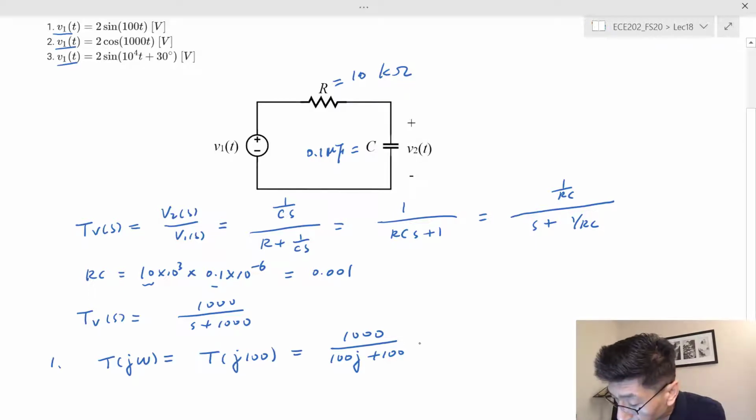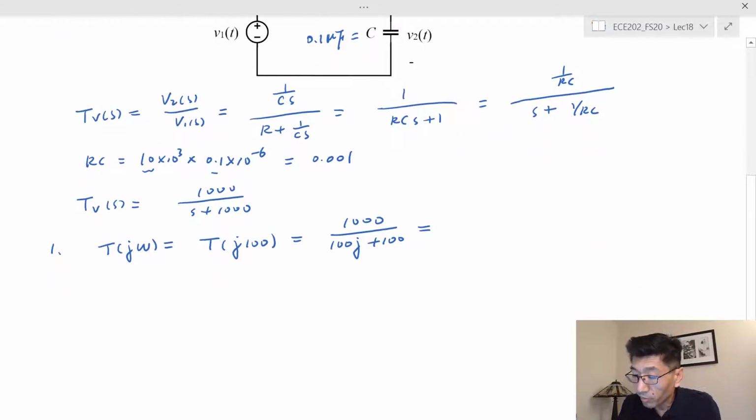In this case, we write this in polar form. There are a couple of ways of doing the polar form. You can convert the numerator and denominator to polar form.